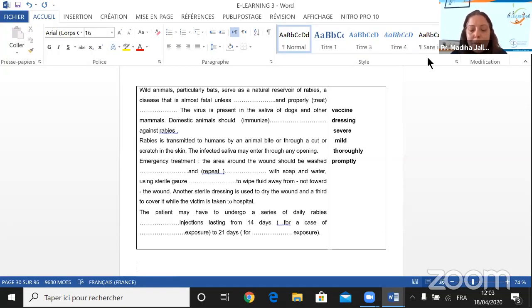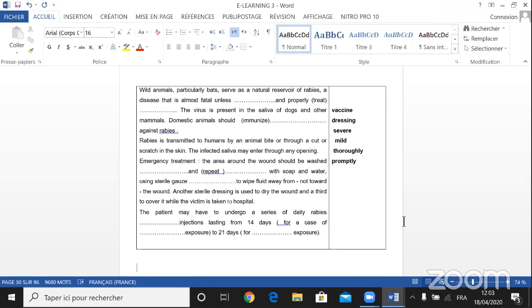We'll listen to whose voice now. Okay. Wild animals, particularly bats, serve as a natural reservoir of rabies, a disease that is almost fatal unless promptly and properly treated.